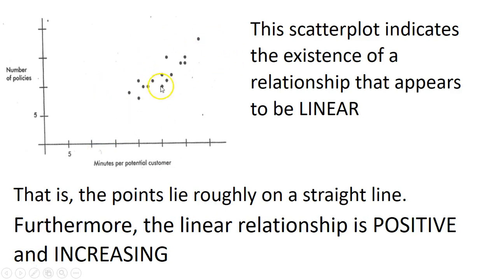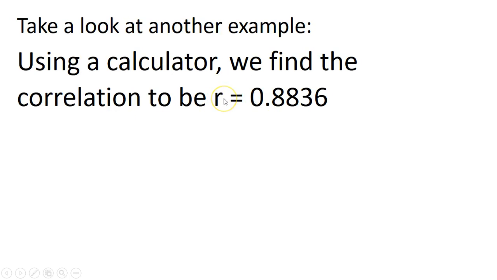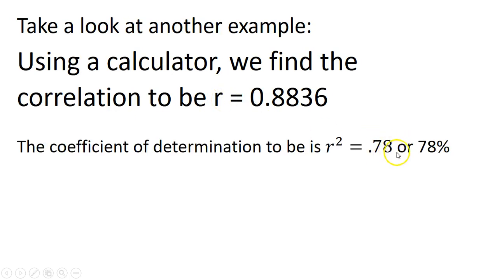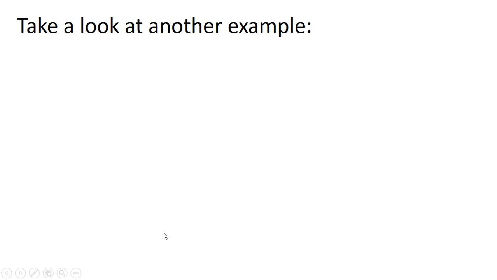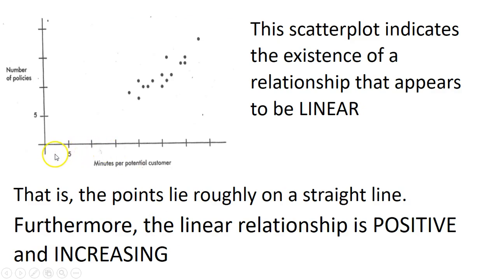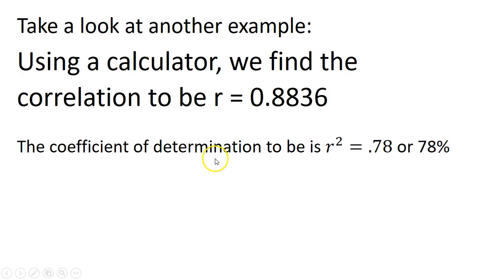So if this was the problem, I plot this all, I do all this, and they're saying, hey, that's the R that we found. It says that as we do the R squared, 78% of the variation of the X accounts for the Y. And the X, if you look, was the minutes per potential customer, right?